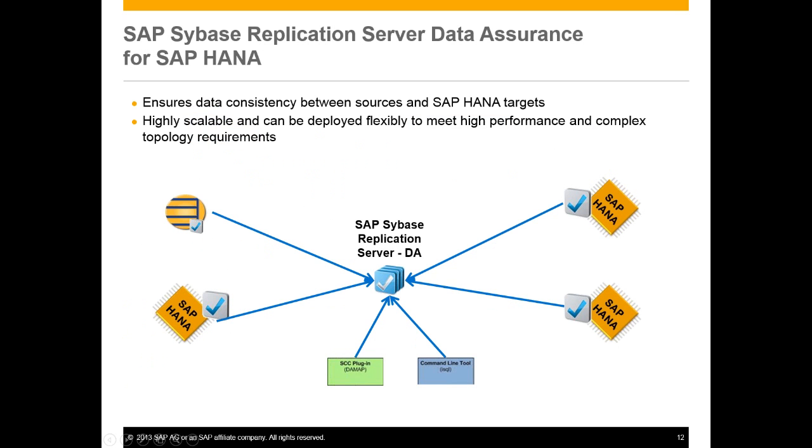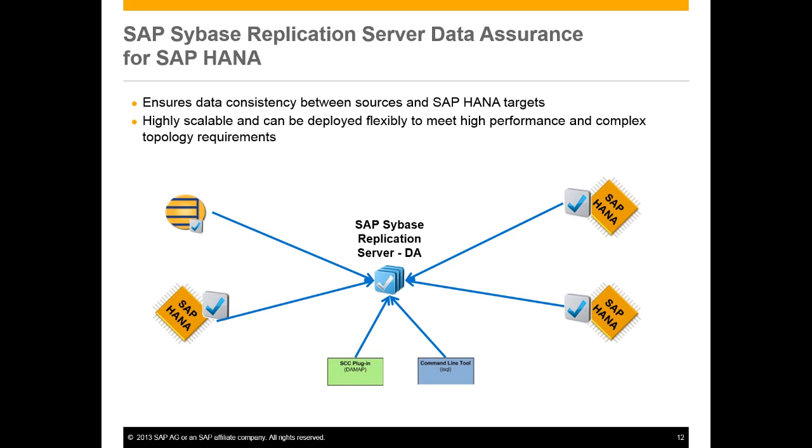Slide number 12 is, as I mentioned earlier, data assurance. There are 2 ways that you can use this. You either use the SAP Control Center, a graphical GUI that allows you to configure data assurance, specify source and target, and do the comparison.